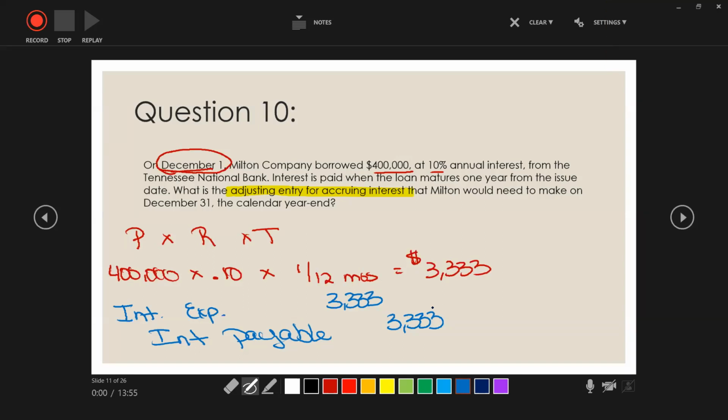But if it said like a year and 7 months, that's 19 months. So you could do 19 over 12, or you could do 1 and 7/12. Okay, all right.